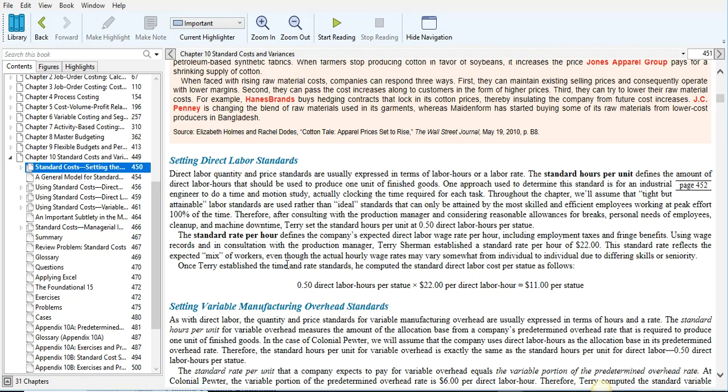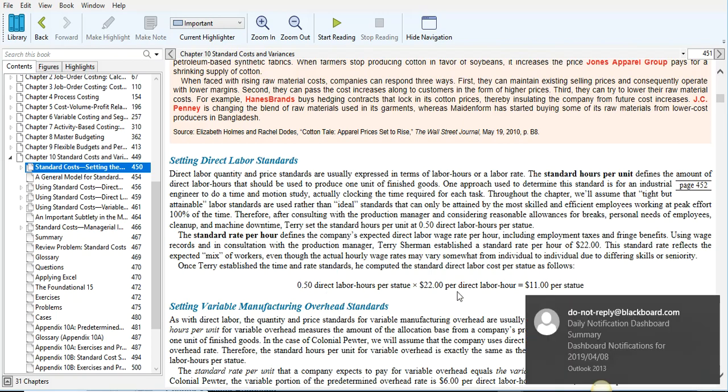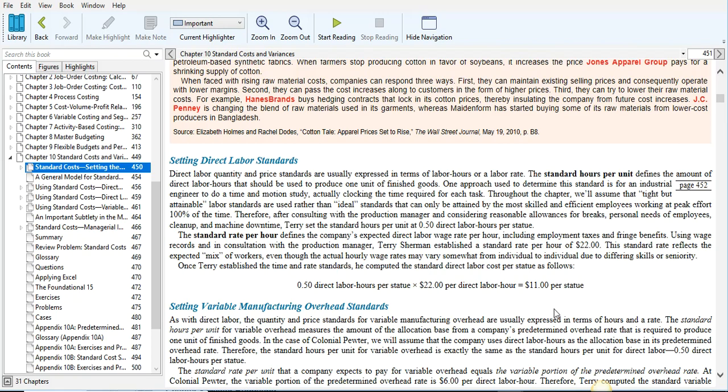So a standard labor rate per hour defines what we expect to pay in labor costs and how much time that labor will take to make the product. So here we say, okay, we have a half an hour in direct labor hours, and the standard rate is going to be $22 per direct labor hour, so that we will have $11 per statue in labor costs. That's the standard that we're going to have.